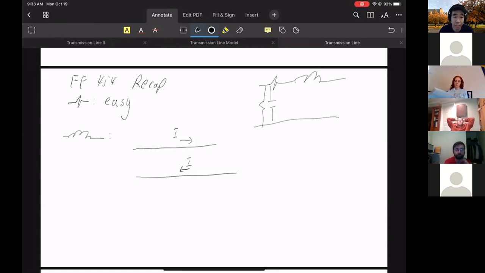These two magnetic fields interact with each other, and basically it makes your line look like an inductor. So the inductance comes from the fact that we create a magnetic field, and there's some energy exchange in that magnetic field.